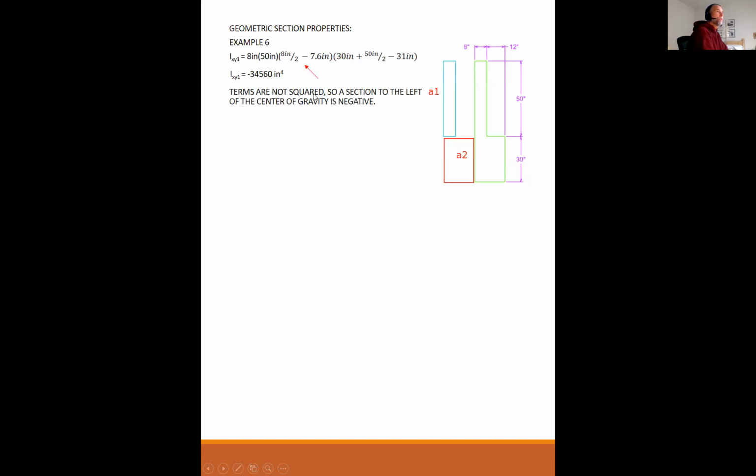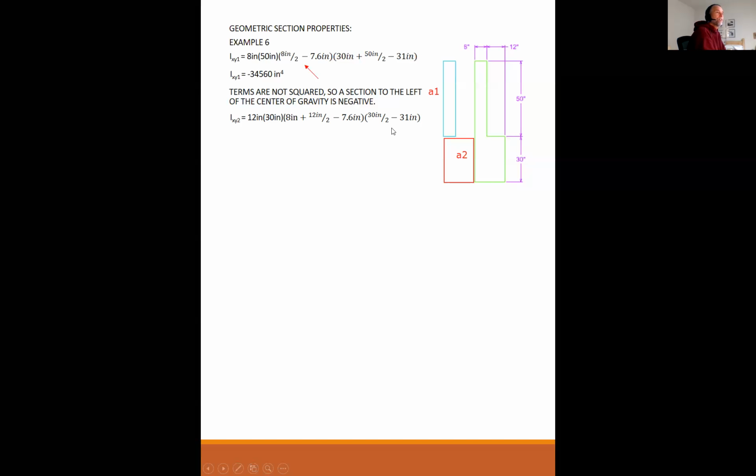Terms are not squared, so a section to the left of the center of gravity is going to be negative. A1 is to the left of where the center of gravity is, so it's negative. For the Ix2, again, the same typo, 12 times 30, and then I have the x direction is 8 plus 12 over 2 minus 7.6.